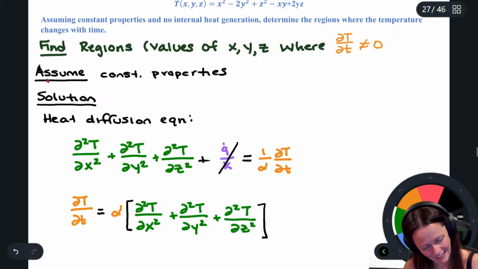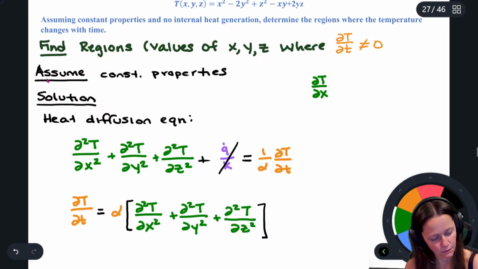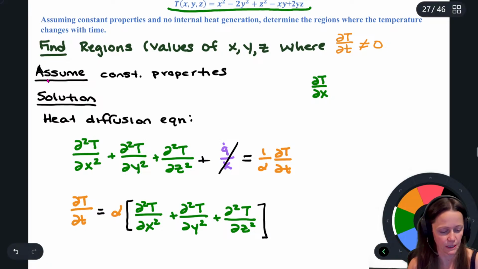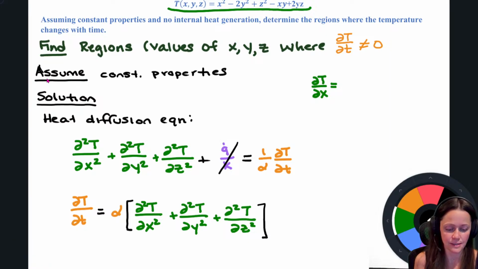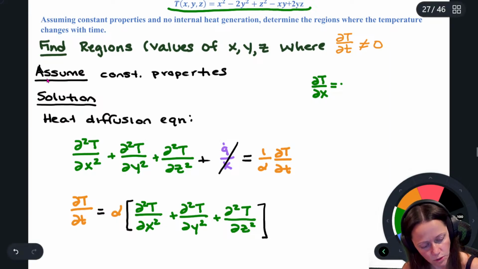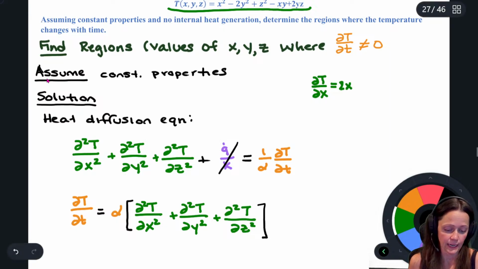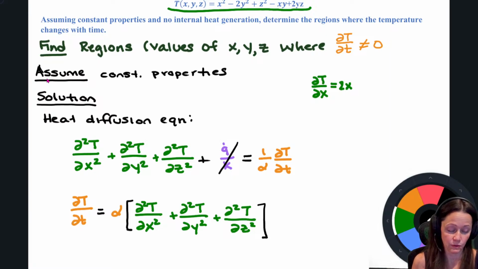If I take the first derivative with respect to x, I treat everything that's not x like a constant. The derivative would be 2x, and the negative 2y term gives 0 with respect to x, same for z squared.